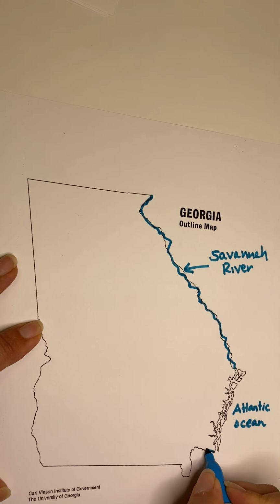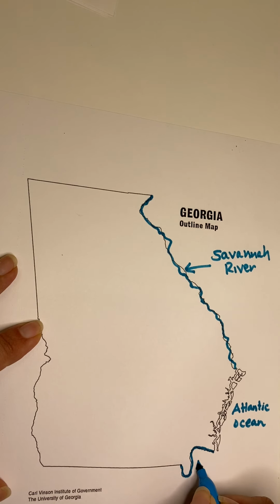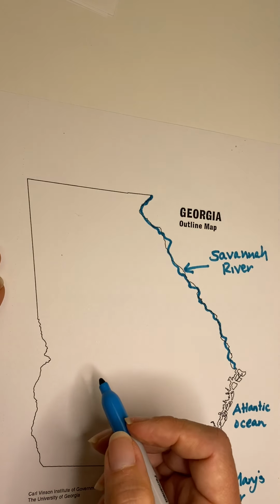The next river here helps form part of that border with Florida. Draw an arrow. That's the St. Mary's. And then that last important body of water is the Chattahoochee.